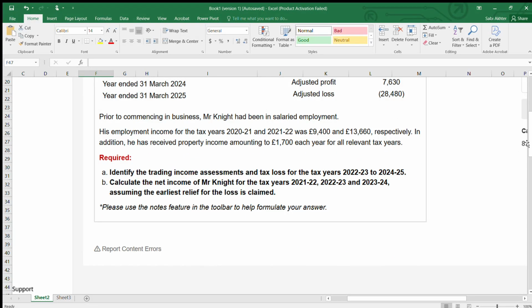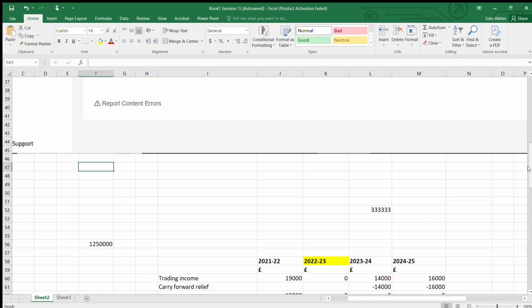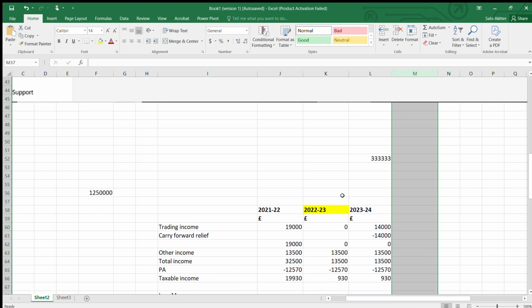Now we will directly go to part B to show the net income. So here we have 21-22, 22-23 and 23-24. This year we don't need, so I'm going to delete it. This is from the previous activity. So when did you make the loss? 24-25.